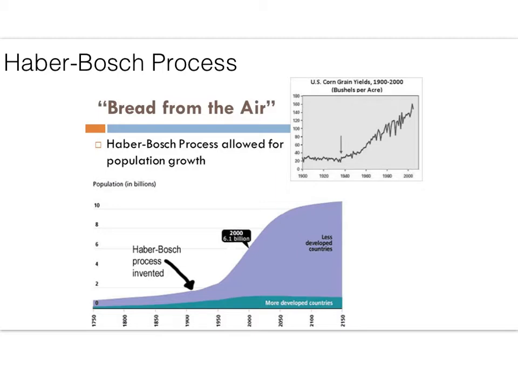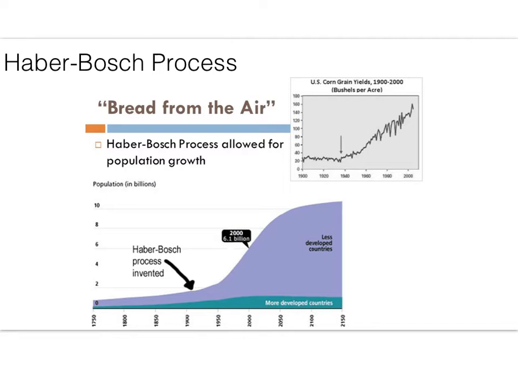So obviously there weren't widespread famines in the 1940s. We didn't run out of food, and we're not running out of food anytime soon. And this is largely credited to the Haber-Bosch process, which continues to generate fertilizer very, very efficiently and inexpensively from the nitrogen in our air. So we're able to fertilize crops even after they deplete the soil.